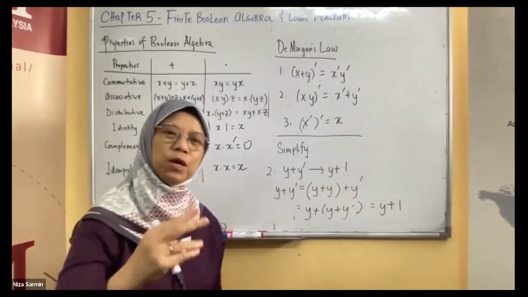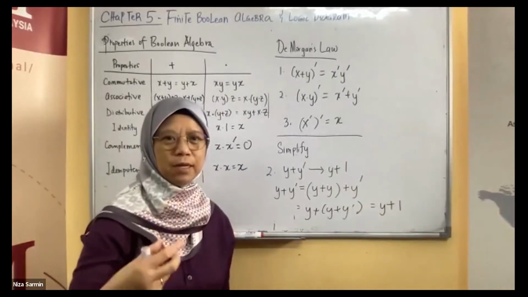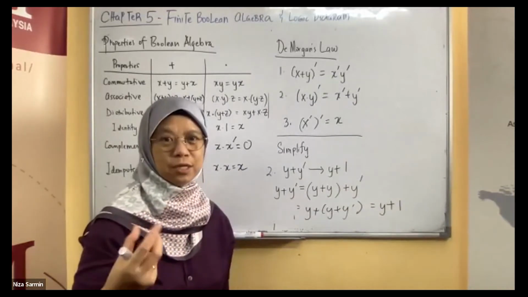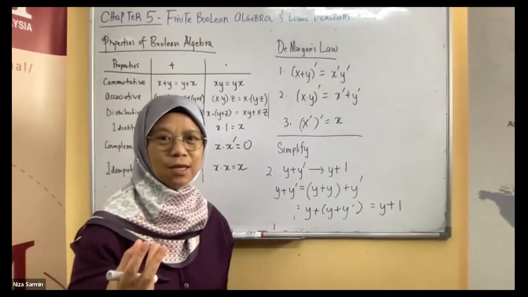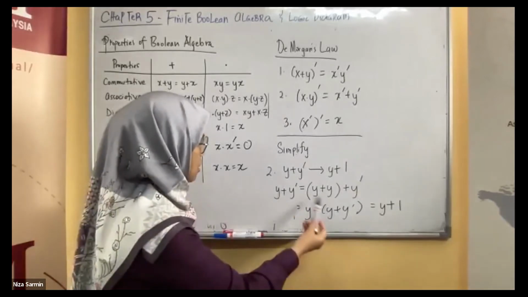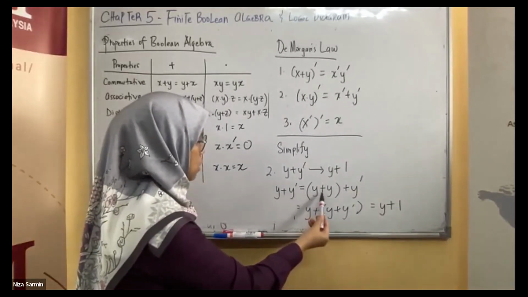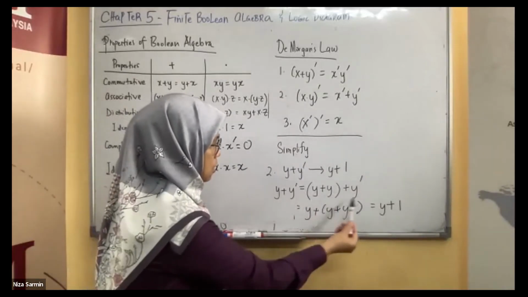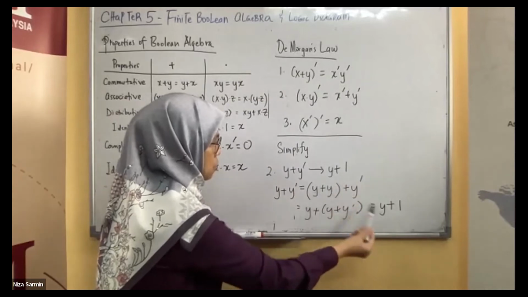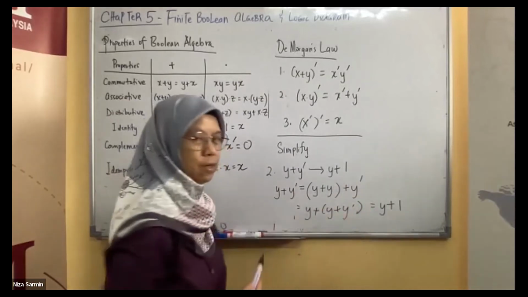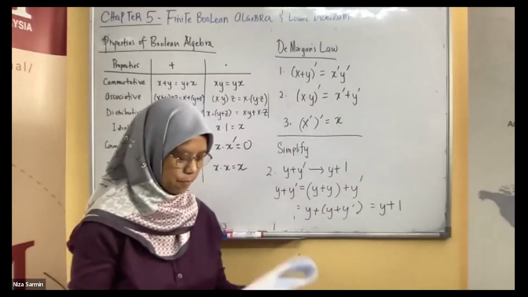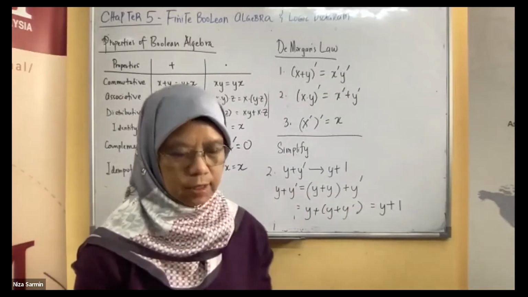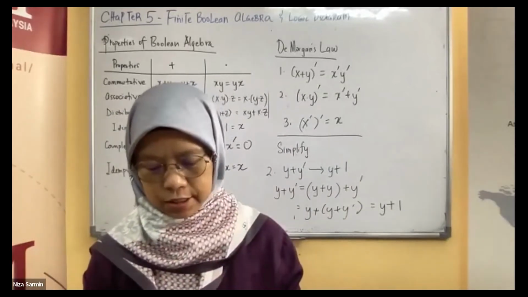Sometimes, depending on the question given, you have to create something which is not there, like this. Y is just y plus y, because you want to have this y combine with this to get the 1 at the back. All right, there are some other examples.